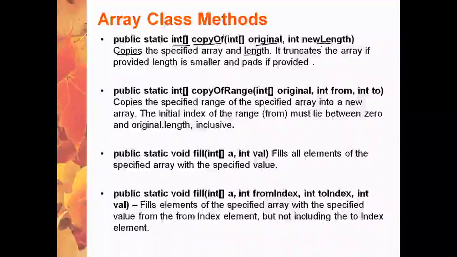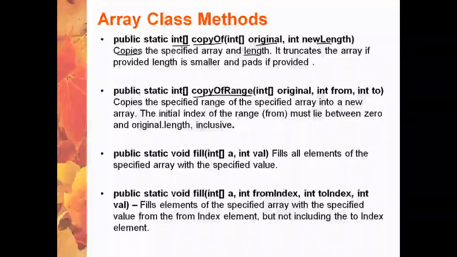Okay, that is copyOf. We have one more function similar to copyOf, copyOfRange. Here we can specify from where to where you want to copy. So from an array, say you want to copy elements from index position 2 to index position 10, then you can copy only those elements from one array to another.